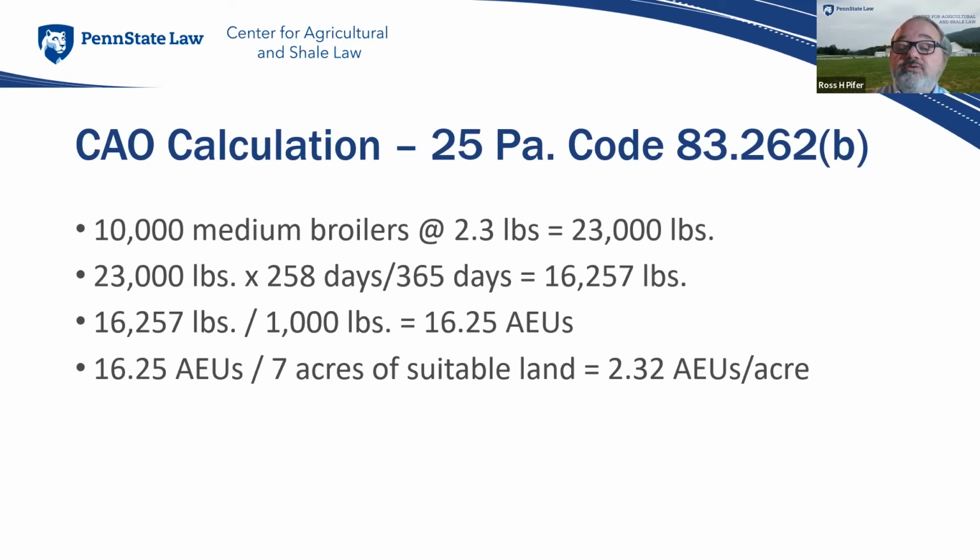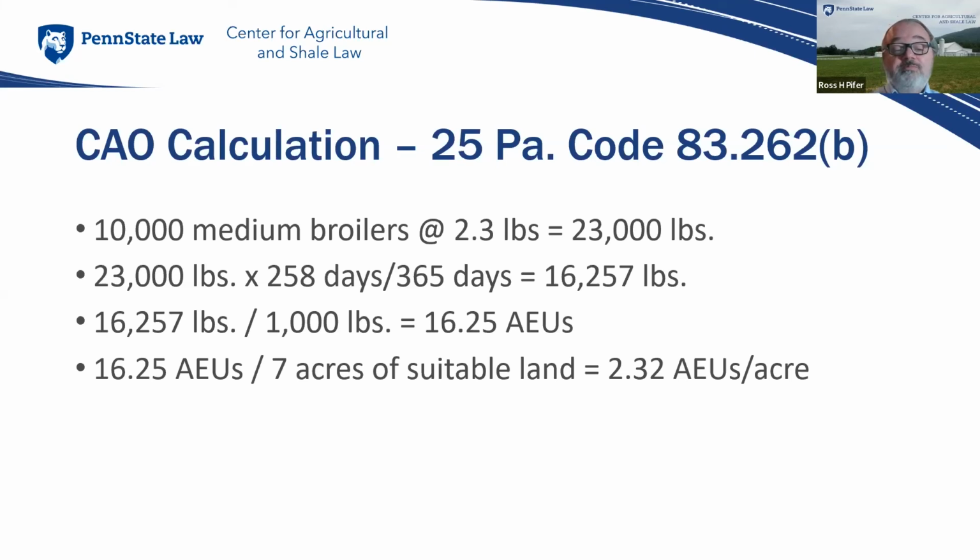So you take that percentage of the number of days in the year, and you come up with the figure that on an average day, there were 16,257 pounds. Okay, you scale that down to that 1,000 pound standard. So you would have 16.25 animal equivalent units on this particular farm.